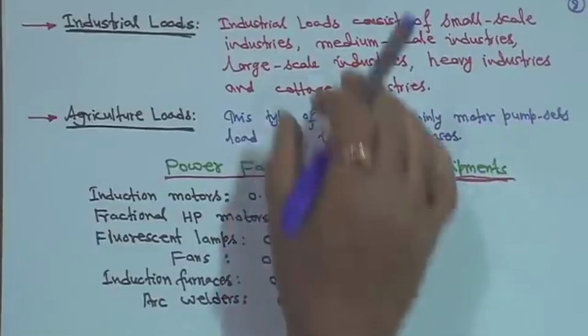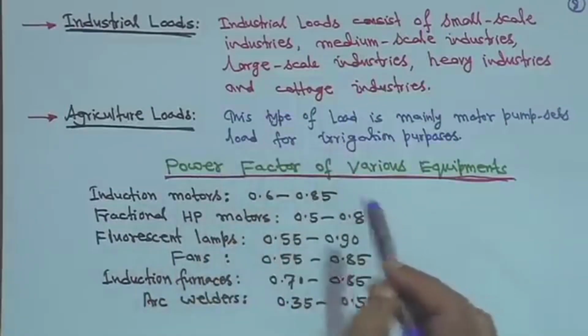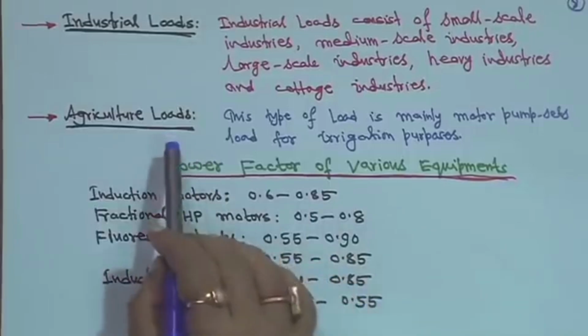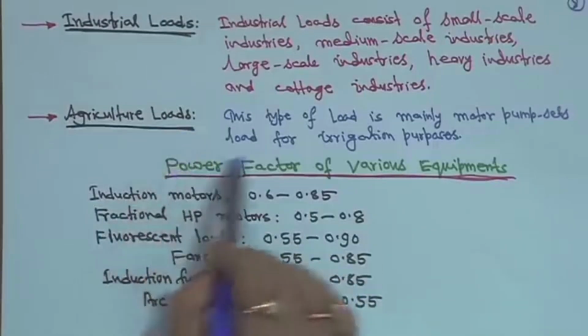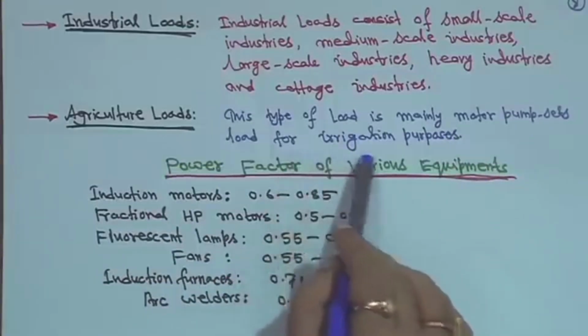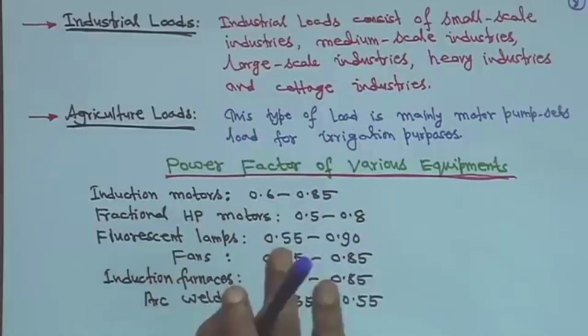Their load curve will be different from commercial, and domestic will be different too. Next, agricultural load is mainly motor pump sets, for irrigation purposes. So there are four different types of loads.